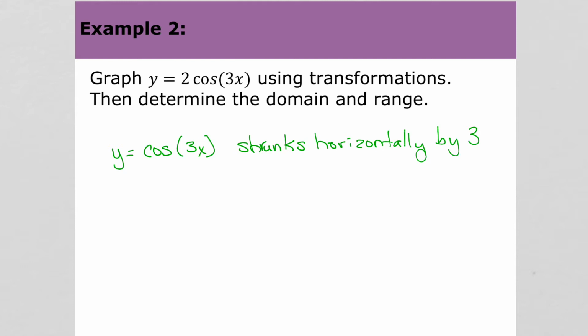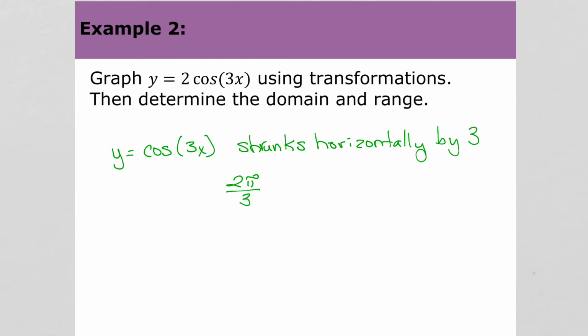That means that while the period was 2 pi, the period is now 2 pi over 3. It means that our cosine function is going to repeat every 2 pi over 3.